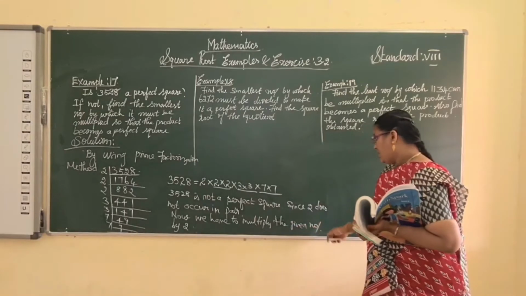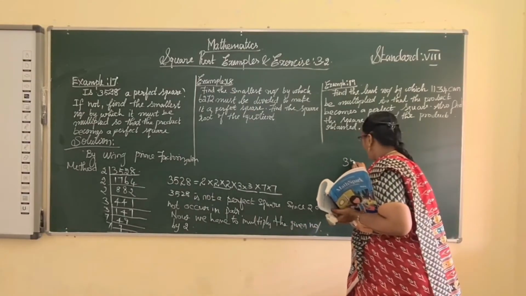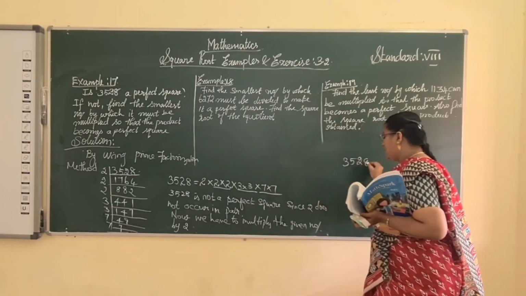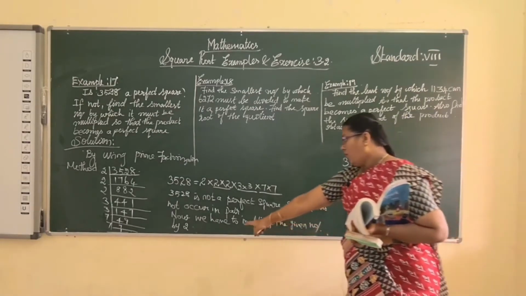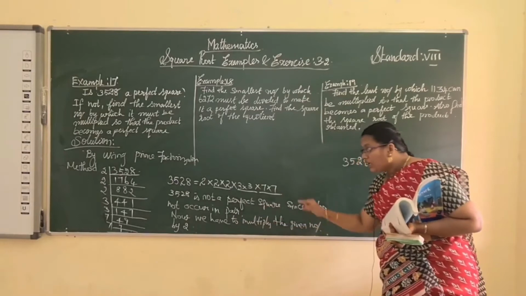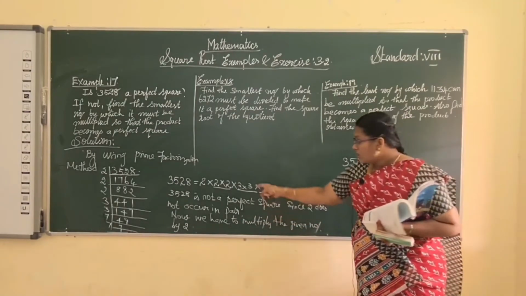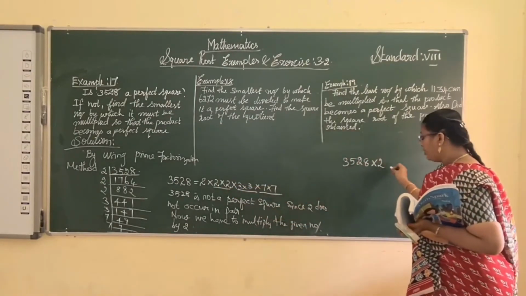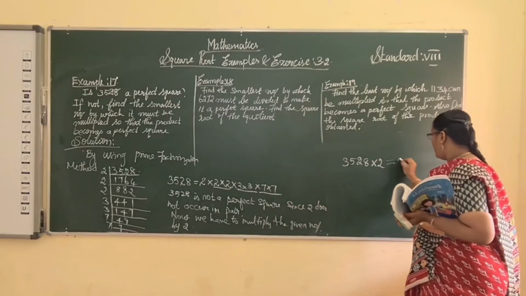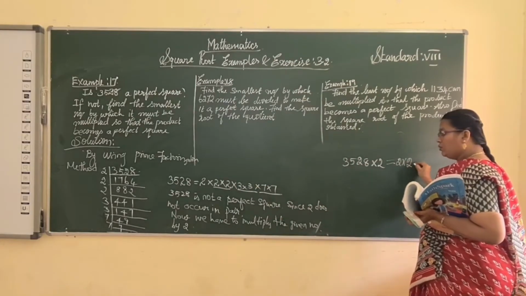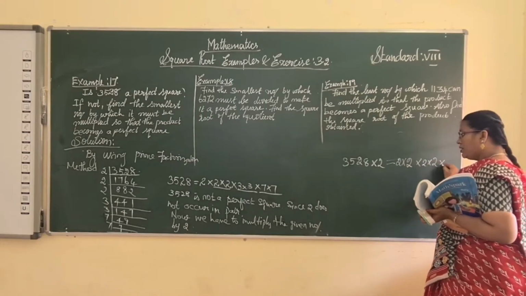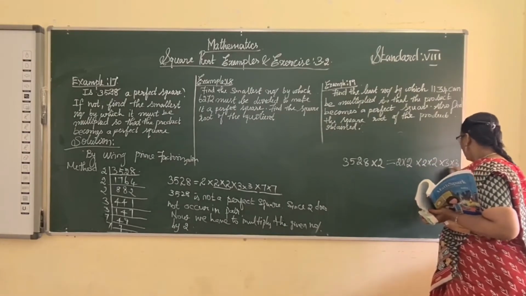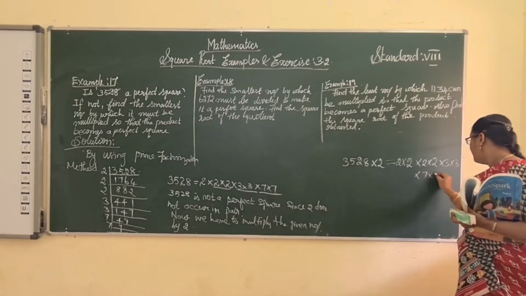So write 3528 into 2: the given number multiplied by 2, and on this side also multiply by 2. Then we already have the pairs of 2, 3 and 7.